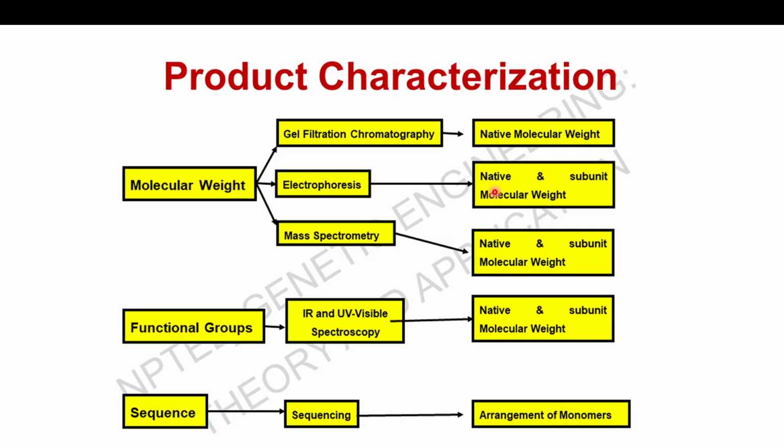However, upon electrophoresis like SDS-PAGE, which denatures the dimer, the proteins exist as monomers in an SDS sample. So we can eventually get the molecular weight of the subunit. From mass spectrometry as well, one can get both the native and subunit molecular weights.